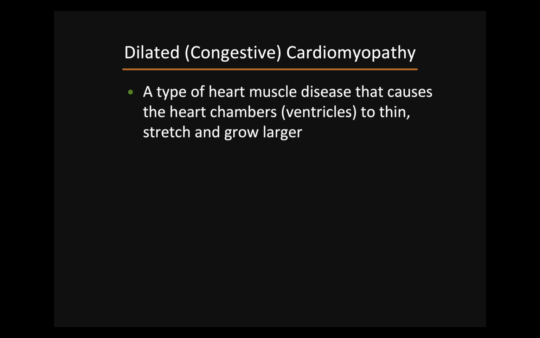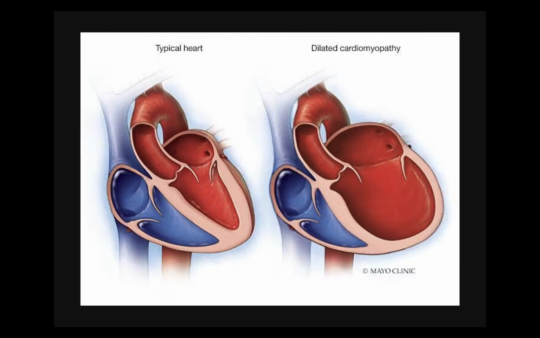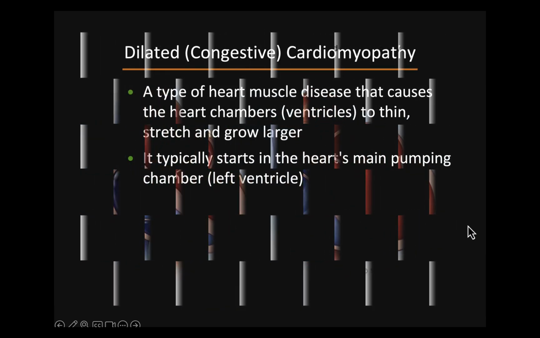And this is a type where the heart muscle is diseased, and this causes the heart chambers, in particular the ventricles, to thin out, to stretch, and to get bigger. It's typically going to start in the left ventricle of the heart, and so that's what we see here. Normal left ventricle, and this is the dilated cardiomyopathy, or the larger left ventricle.